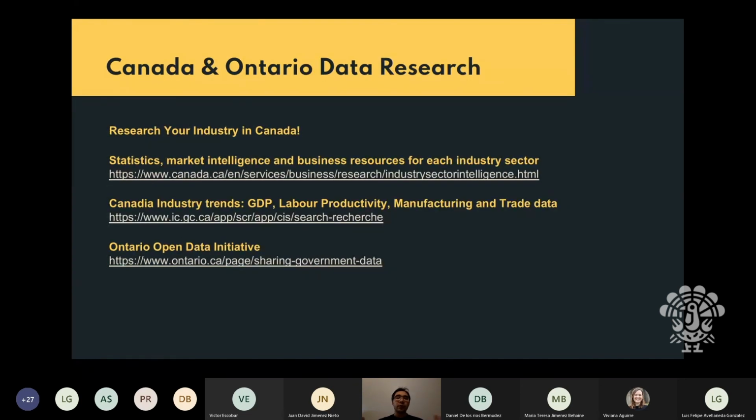Now, the two key things here are, one, Statistics Canada, at canada.ca, where you can do sector intelligence, look at business resources, look at a broad scale how much money is spent in different sectors. All that is public data for Canada. You can look at trends in the data on your labor force, manufacturing and trade, and GDP.